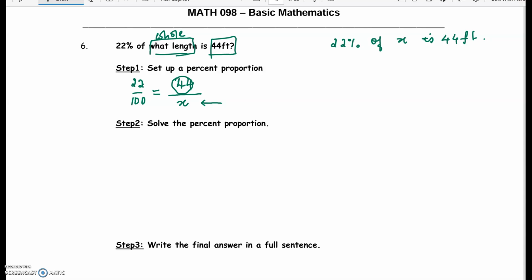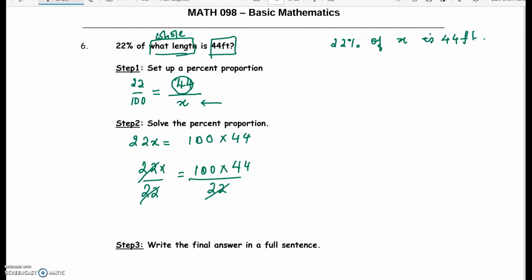Now the solution is the usual: 22x, cross multiply, equals 100 times 44. Divide both sides by 22. We have 100 times 44 divided by 22. 22 goes 2 times, or you can go 11 times 4 and 11 times 2.